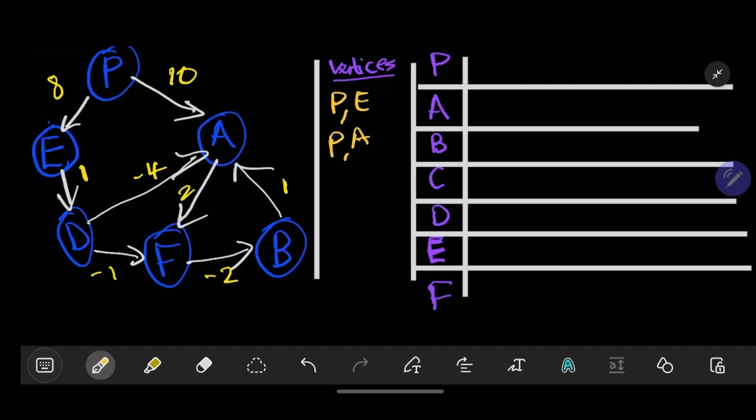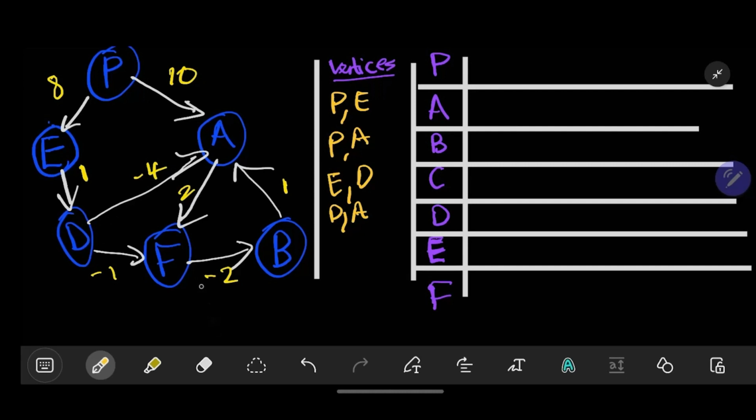Then we have ED. Ensure when you're doing this that you follow your arrows, right? So don't do it the opposite direction. So we have ED, then we can have DA going in that direction.